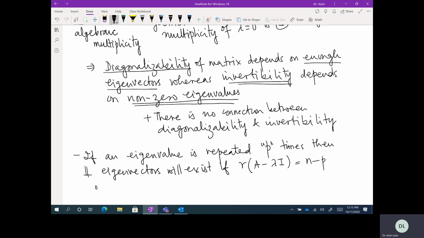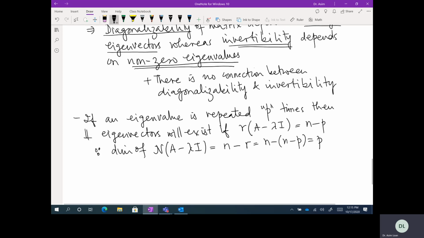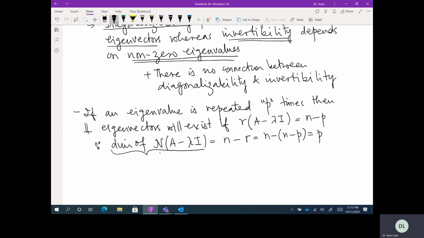Why? Because then the dimension of the null space of A minus lambda I is equal to the number of columns minus the rank, which is n minus (n minus p) equals p. By the way, the dimension of the null space is also called the nullity.